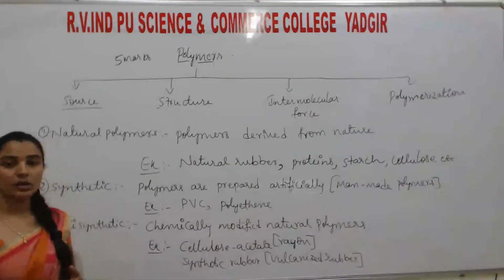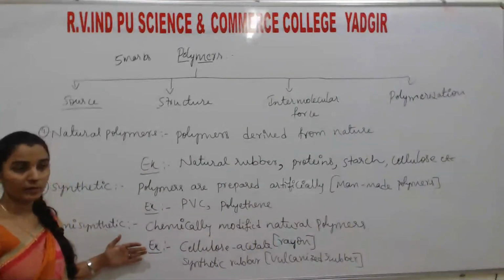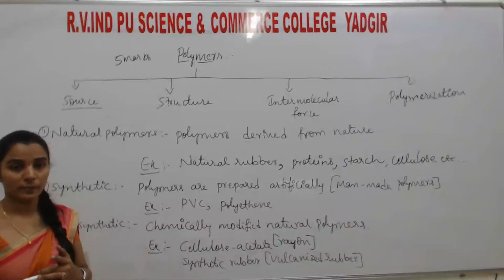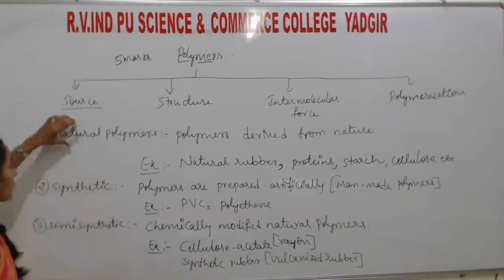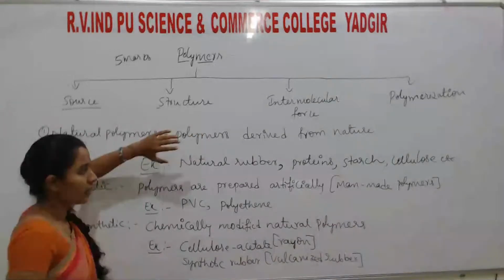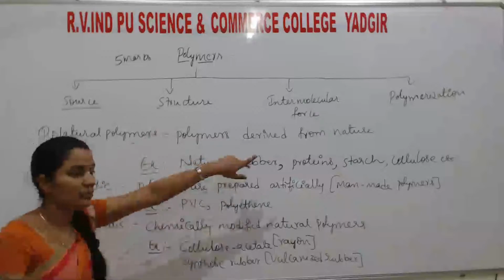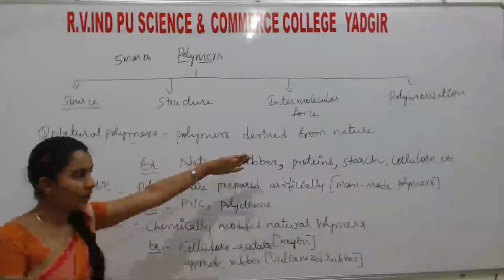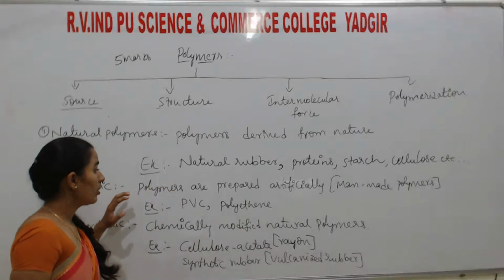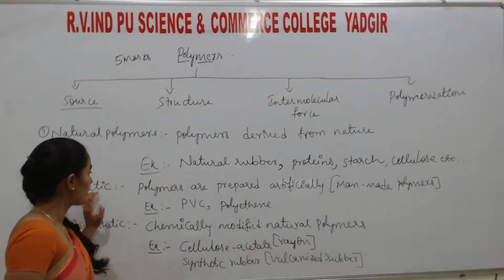Natural, synthetic and semi-synthetic polymers, based on source. Understand? In the source, if they occur in nature, they are natural polymers. Example: natural rubber, protein, starch, cellulose. They occur in nature and you know that. Next, synthetic polymers.